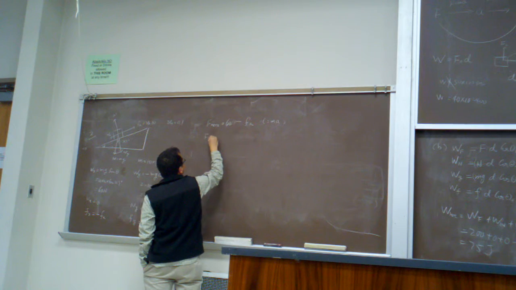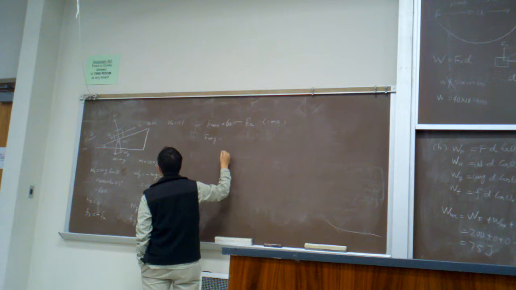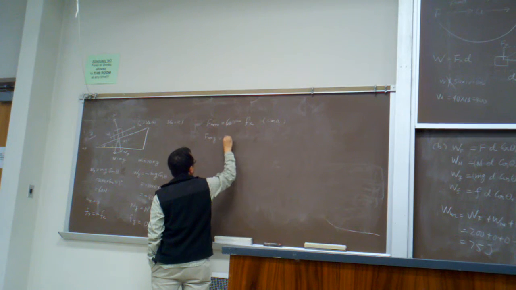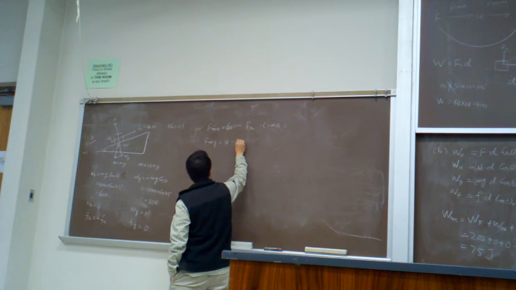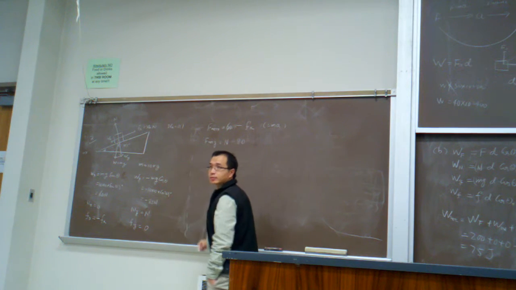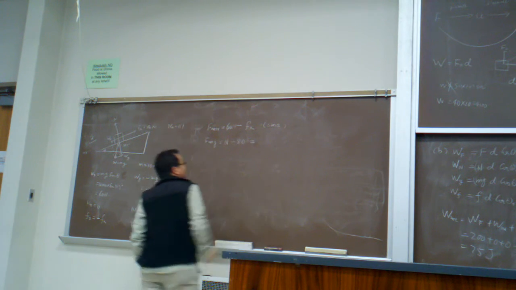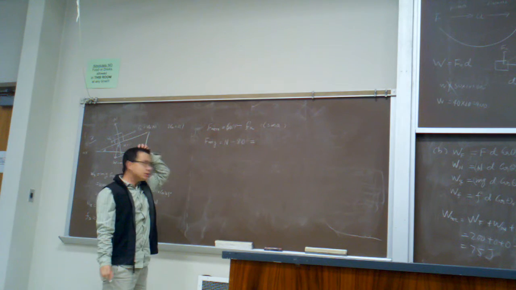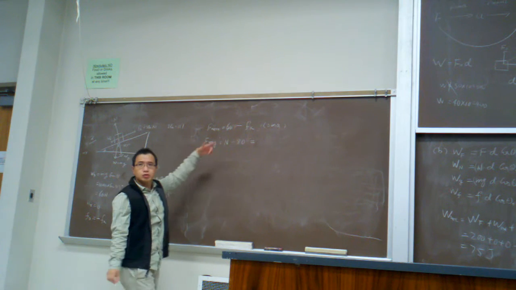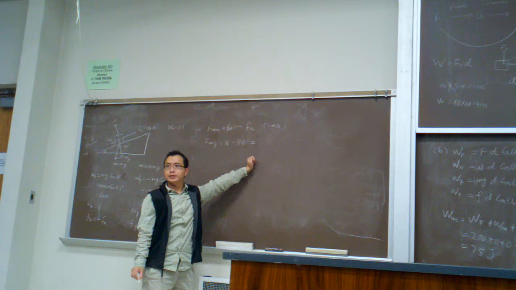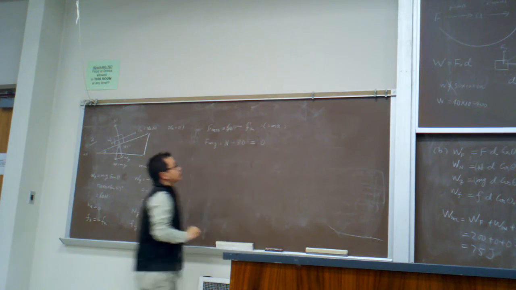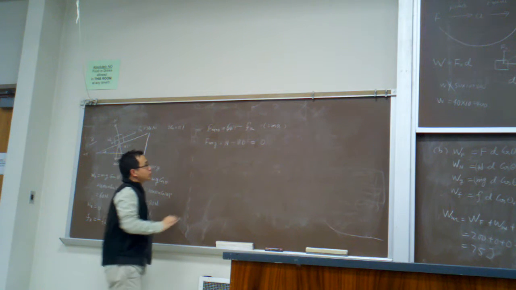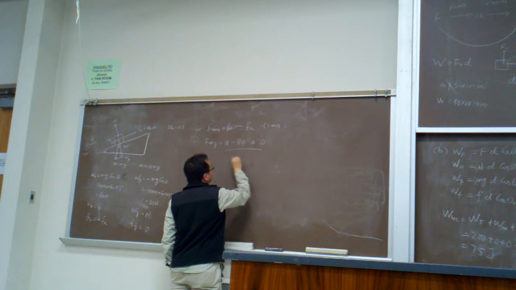And F net y equals N minus Wy, 80, equals may. And what is ay? 0. So may equals 0, right? This will give you N equals 80 Newton.